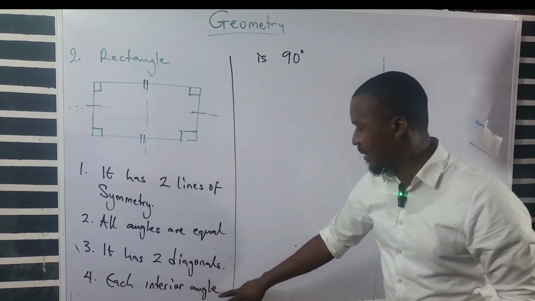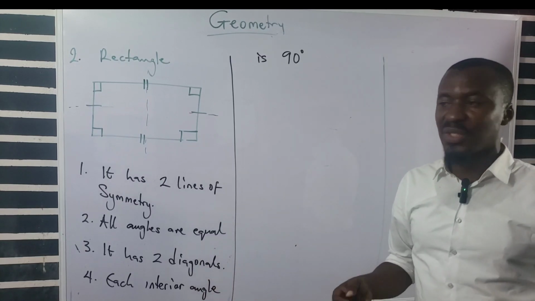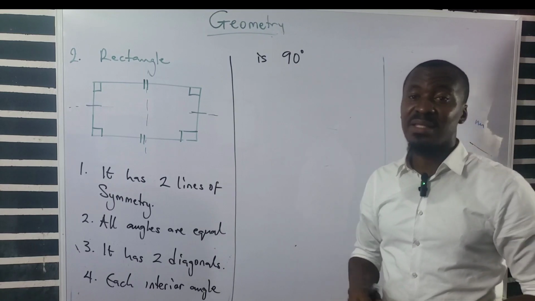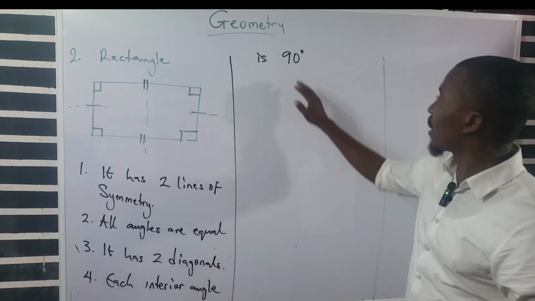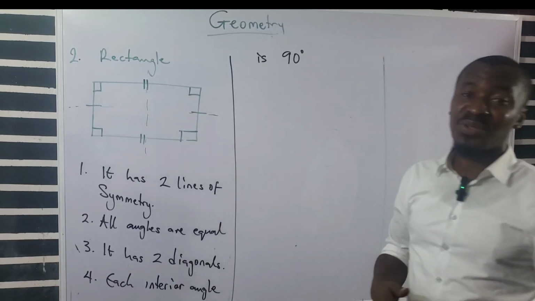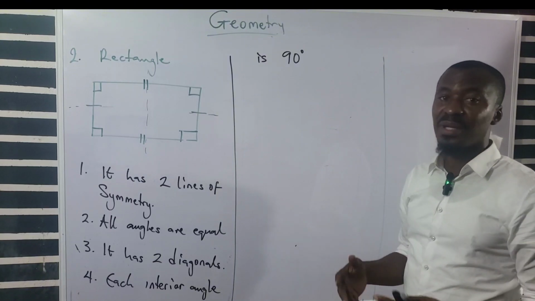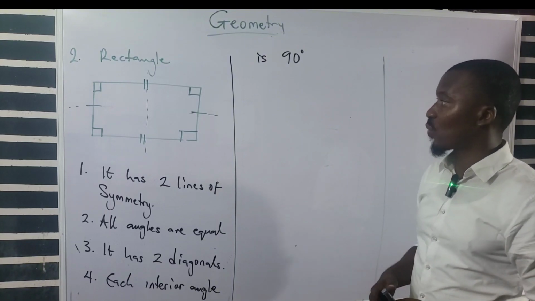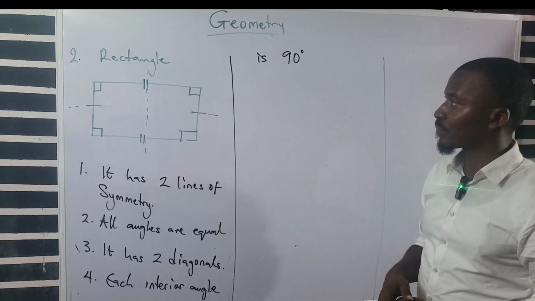Each interior angle, yes, this property also is part of the properties of a square. So you can see that a square has a whole lot of properties. So each interior angle is 90. So here is 90, here is 90, here is 90. A square actually has a whole lot. Okay, you can look at the shape again and bring out more properties for the square. So these are the properties of a rectangle.